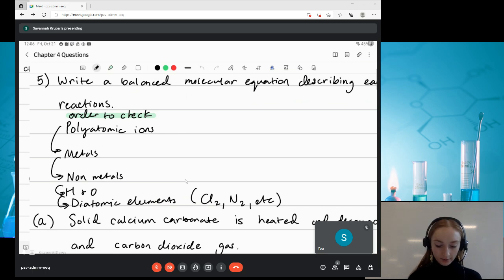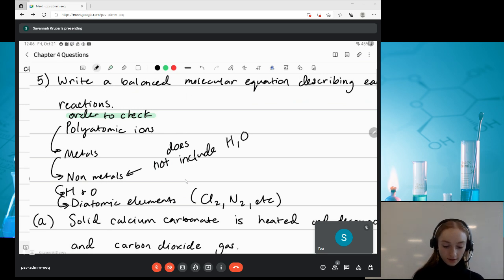So polyatomic ions are first, and then you need to check metals second, and then nonmetals. And the nonmetals does not include hydrogen and oxygen.